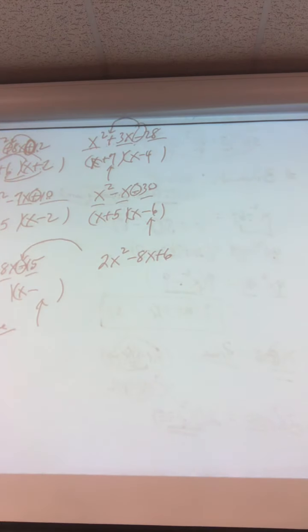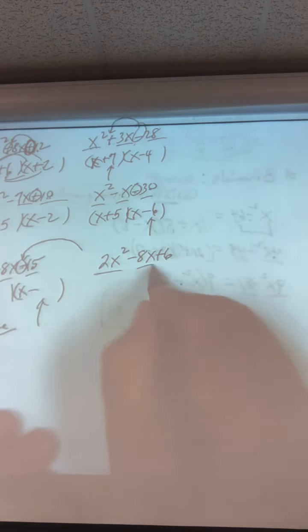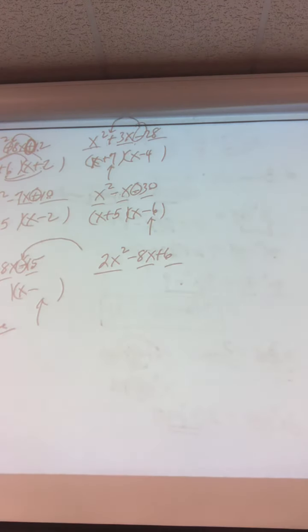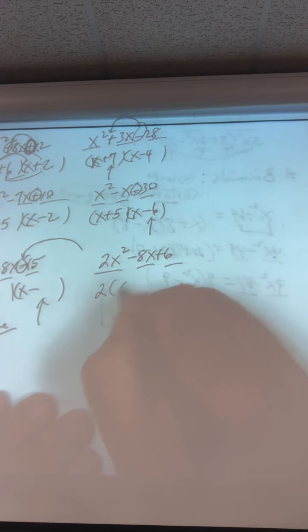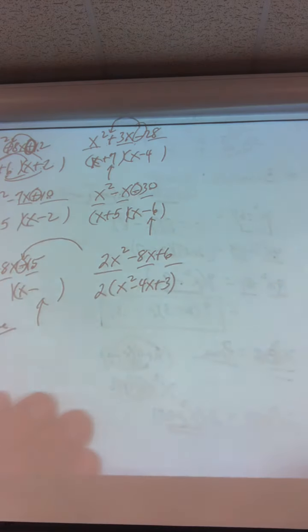Now you said, wait a minute, this is a trinomial, but this is not the easy case because of the 2. You are correct, but remember, what is the first thing we're supposed to look for in factoring? A GCF. Does this have a GCF? Yes, it does. It has a GCF of 2. So if I take a 2 out, I'm left with x squared minus 4x plus 3.